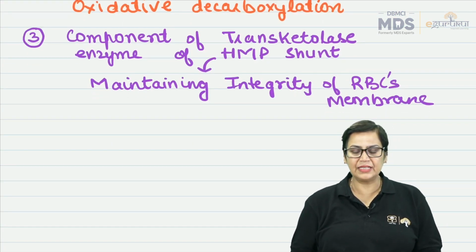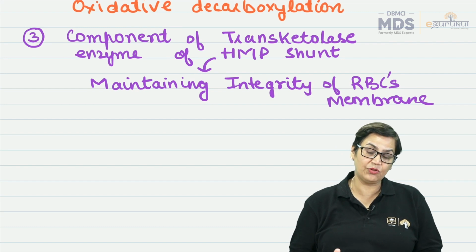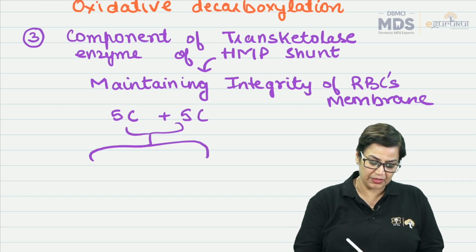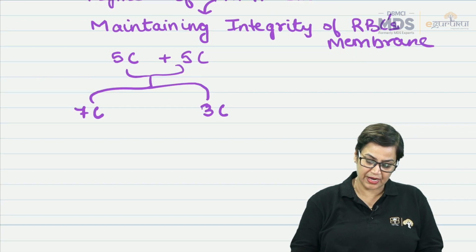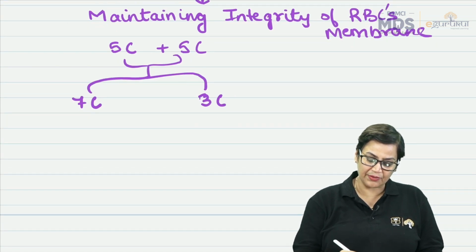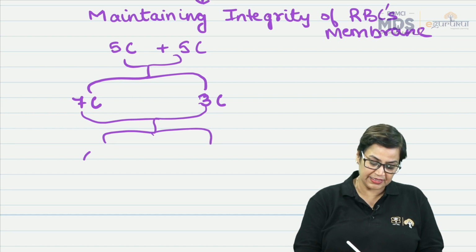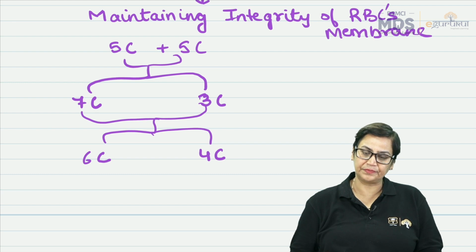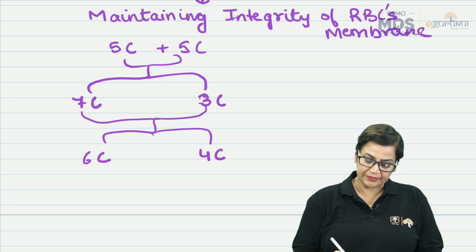And transketolase, simply, if you remember, 5 carbon atoms plus 5 carbon atoms will split up into 7 carbon atoms and 3 carbon atoms, right? And this 3 carbon atom and the 7 carbon atom will again combine to split up into 6 carbon atoms and 4 carbon atoms, right?